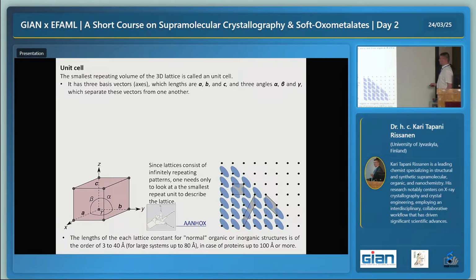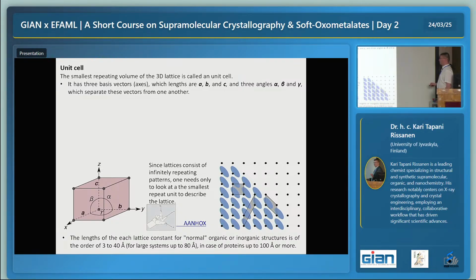And the idea is that this is how it looks. We normally always make a definition that we have a right-handed definition for the axes. Don't worry about this too much, because the computers are doing this. But the point is that A is here, B is there, and C is there, typically with C pointing upwards. And then we have the angles.